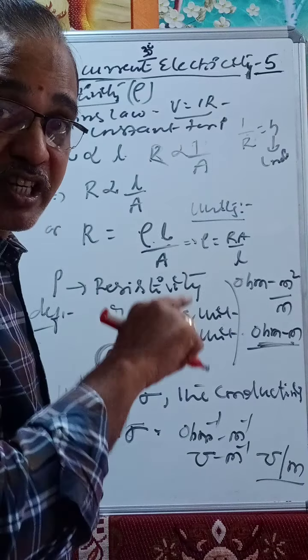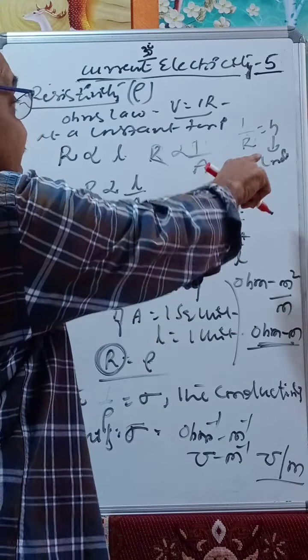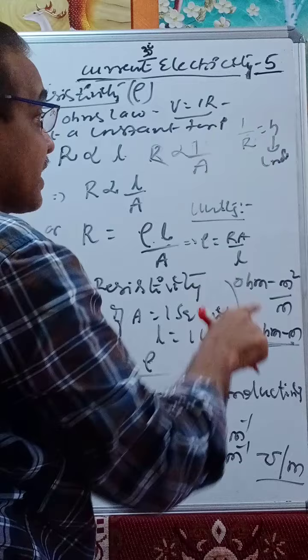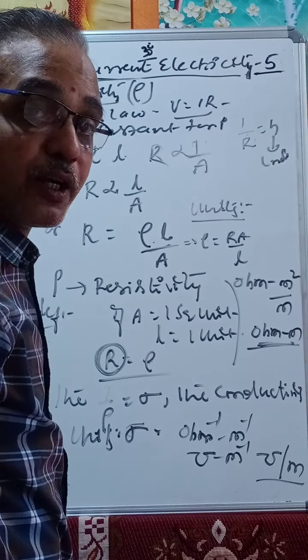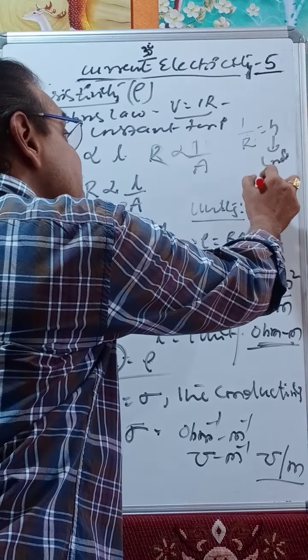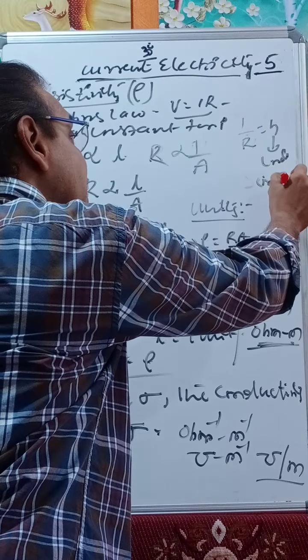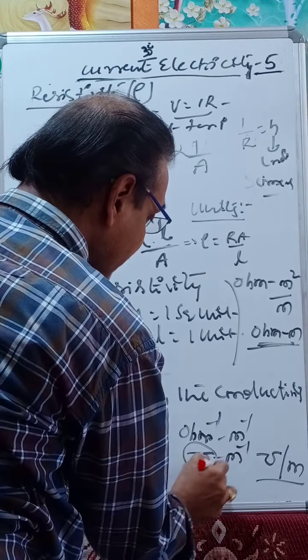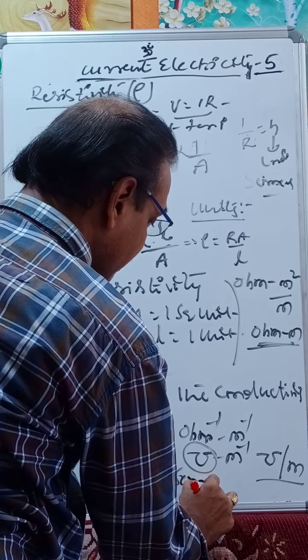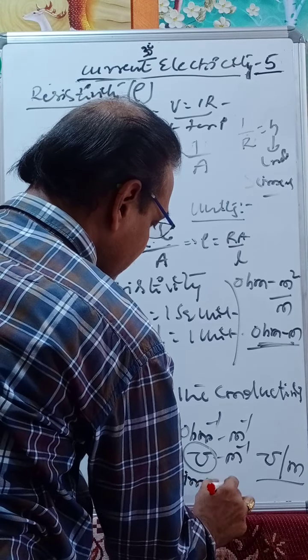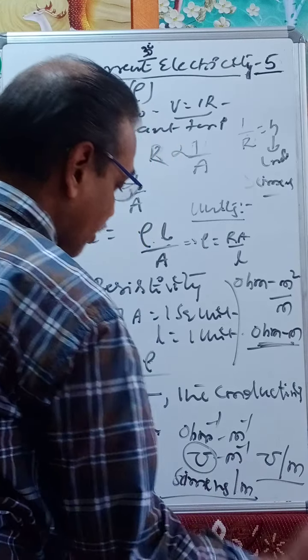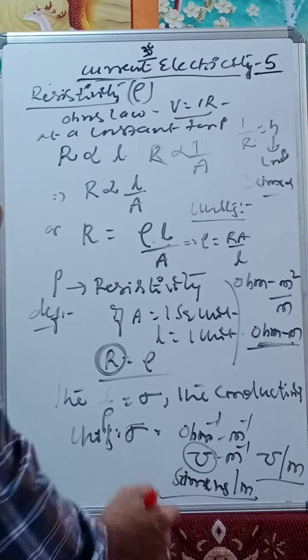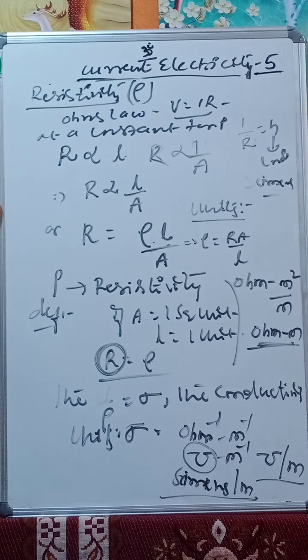I explained in the previous class also: the reciprocal of resistance is called conductance, whose units are ohm inverse or Siemens. Therefore, Siemens per meter is also a unit of conductivity.